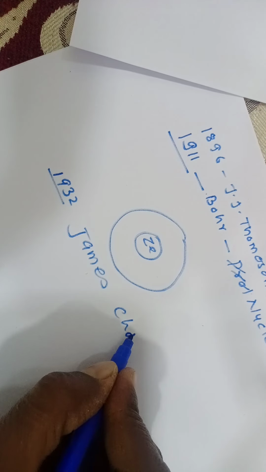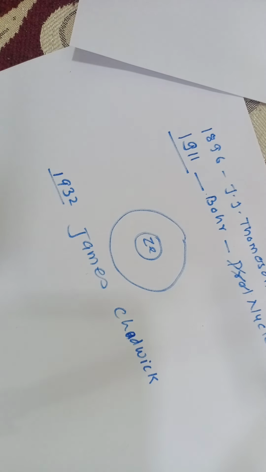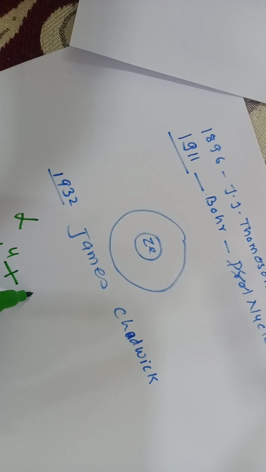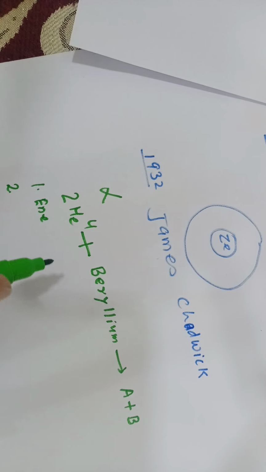What he did was take alpha particles, or you can say 2He4. When the alpha particle is bombarded on a beryllium nucleus, the beryllium nucleus will split into two small particles, A plus B, and then we can apply the law of conservation of energy and momentum conservation.